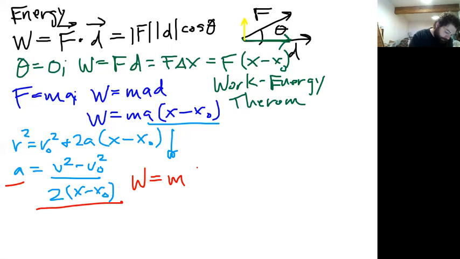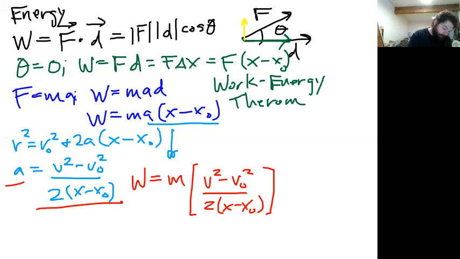That's going to be v squared minus v naught squared over 2 times x minus x naught, and then it should actually be all the way around. So do that, and then we have x minus x naught.